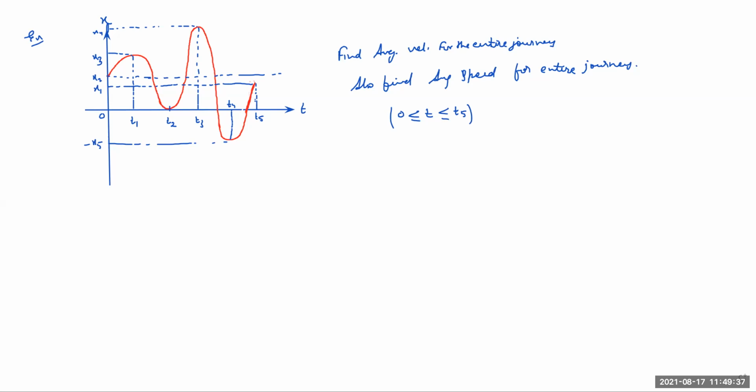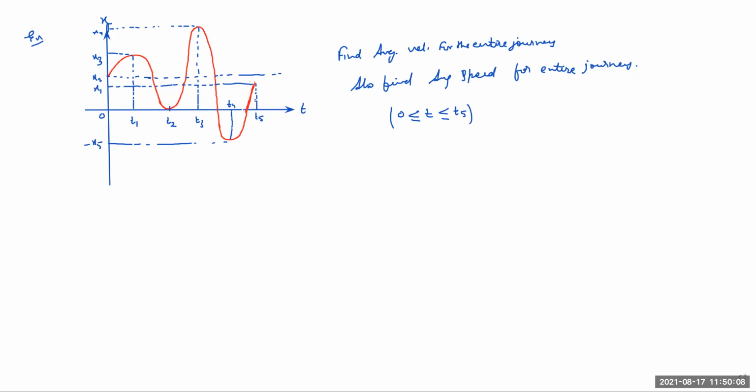See, velocity is a vector quantity, and therefore it can be positive or negative in one dimension. Negative means it's going towards the negative x-axis, and positive means it's going towards the positive x-axis. That's the meaning. So numerically also you write x1 minus x2, and if the answer turns out to be negative, it's totally okay. Numerical doesn't mean it should be positive. We are not finding a scalar quantity.